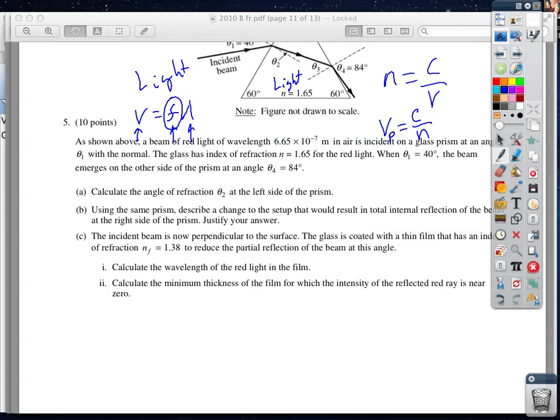So basically, what we're saying is F outside is equal to F in the, let me say, F in the air is equal to F in the glass, right? And since F is equal to V over lambda, I say V in the air over lambda in the air is going to be equal to V in the glass over lambda in the glass.